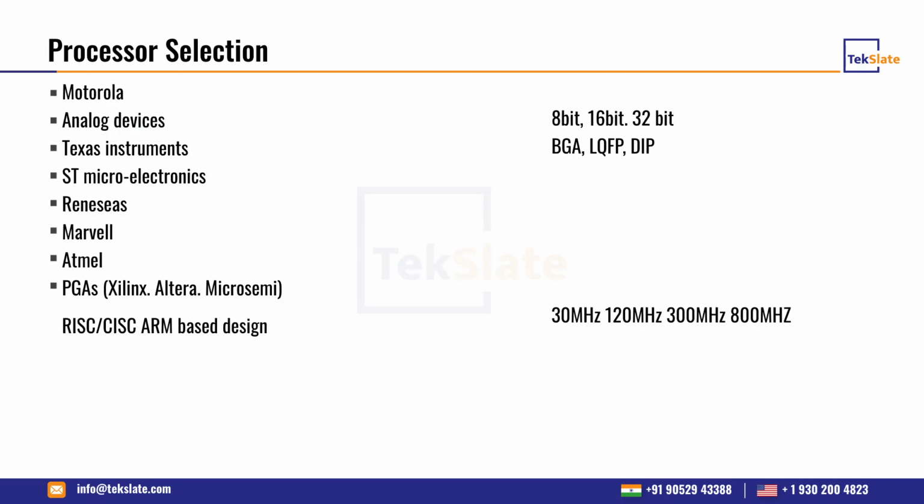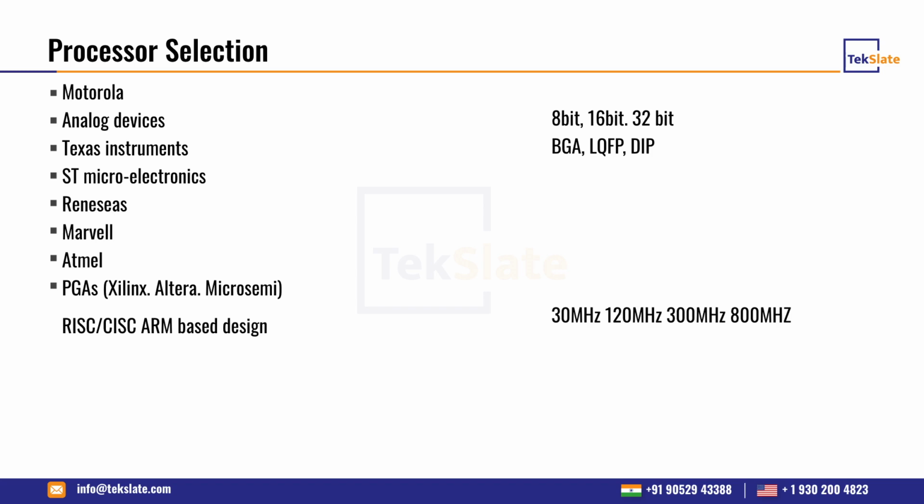Now, processor selection is a part of the design process. There are so many companies to choose a processor from: Motorola, Analog Devices, Texas Instruments, STMicroelectronics, Renesas, Marvell, you name it. Around 20 to 30 manufacturers make processors. They make 8-bit, 16-bit, and 32-bit processors. The processors come in BGA packages, LQFP packages, and RISC, CISC, and ARM-based designs are there.